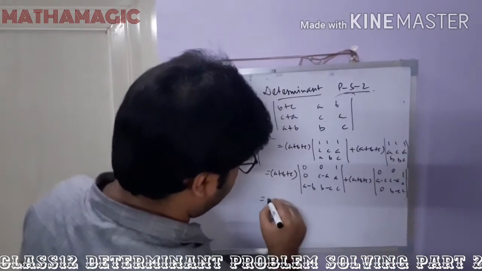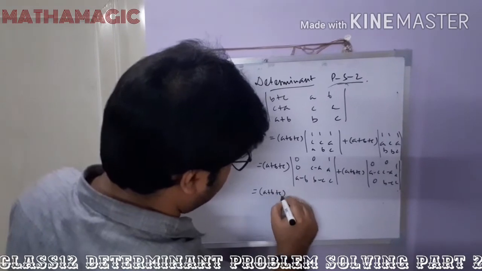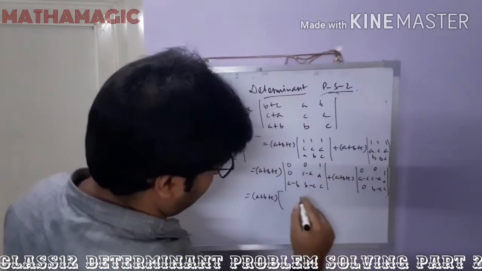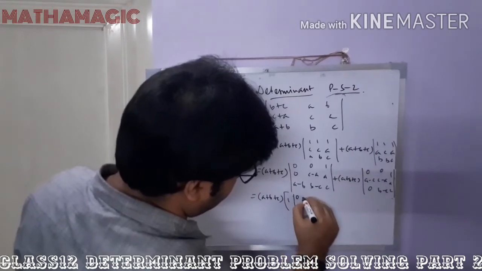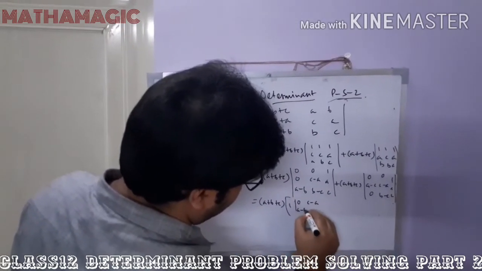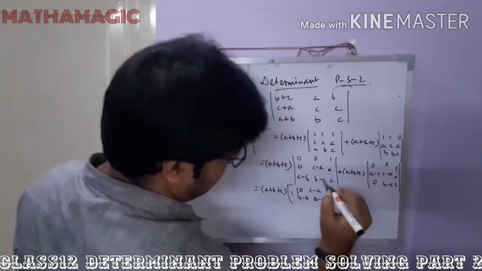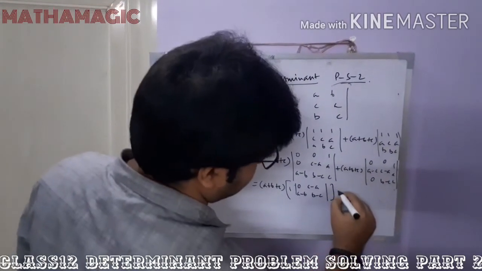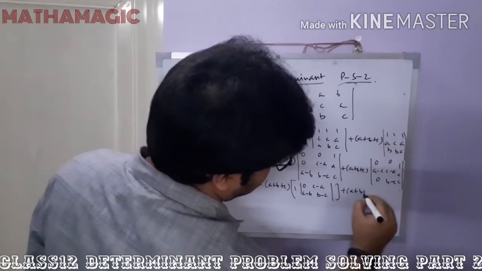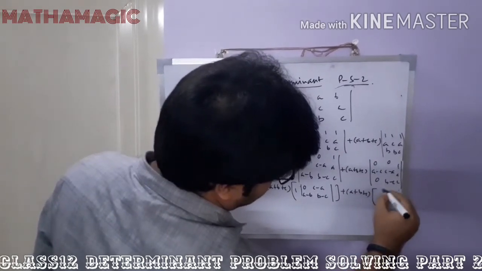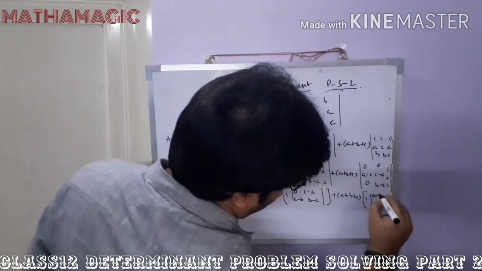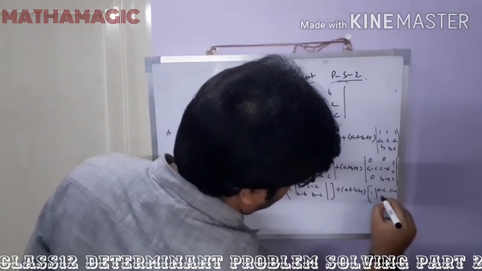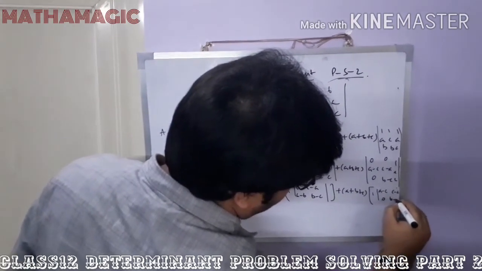So after this we'll just expand the determinant, so it will be only one, so it will be like this: 0 c minus a minus b into b minus c, not into, it is like this, plus a plus b plus c. If we do it like this, then the minor will be c minus a and 0 b minus c.